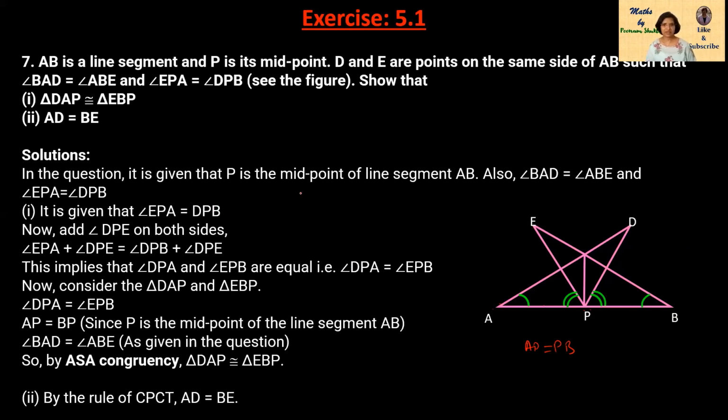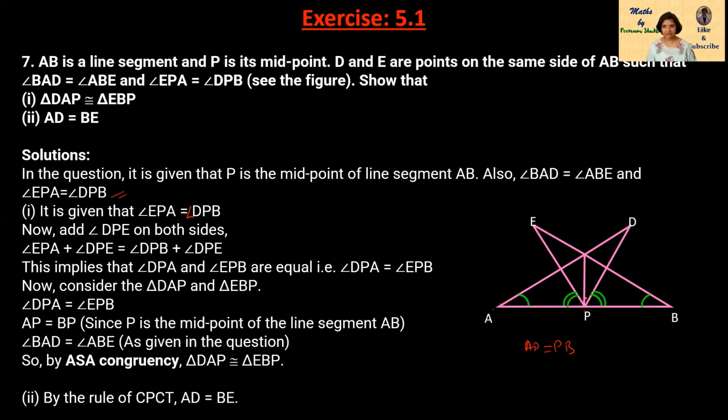In the question it is given that P is the midpoint of line AB. So also angle BAD equals angle ABE and angle EPA equals angle DPB. These are the given things in the question. Now what we can do, we are adding angle DPE on both sides. Which angle are we adding?